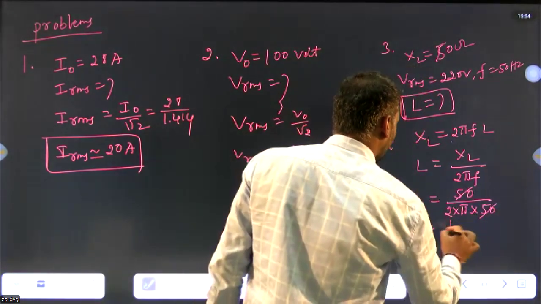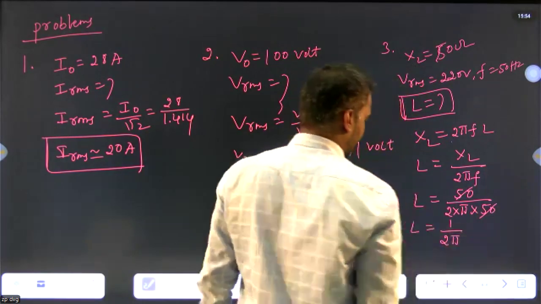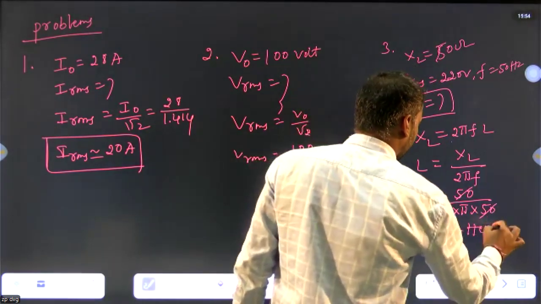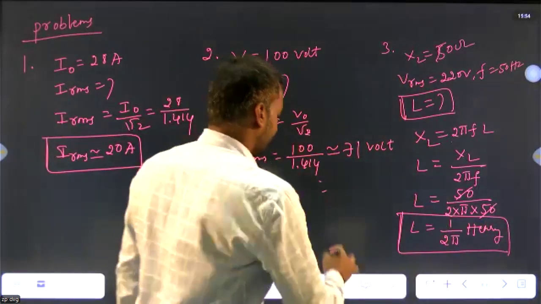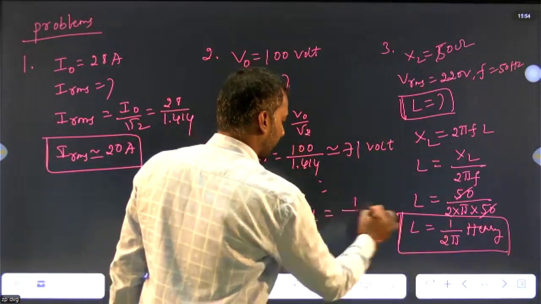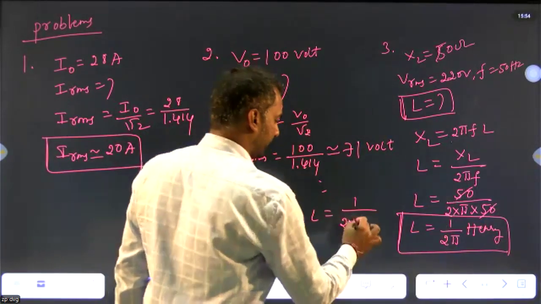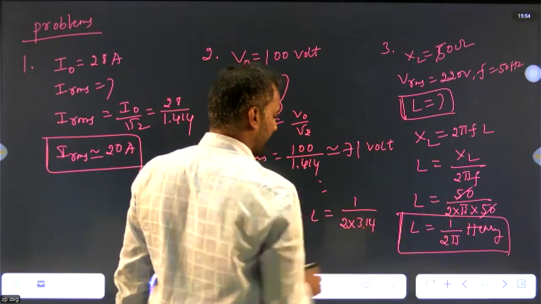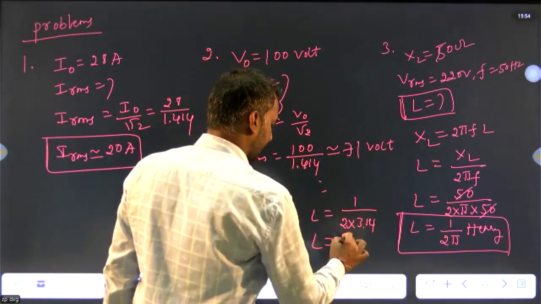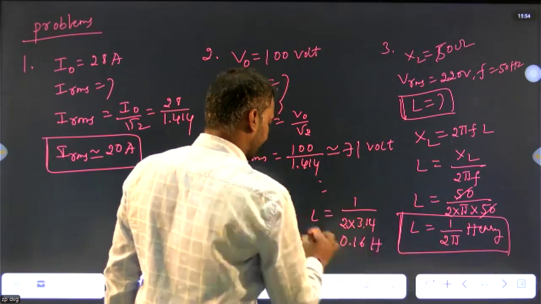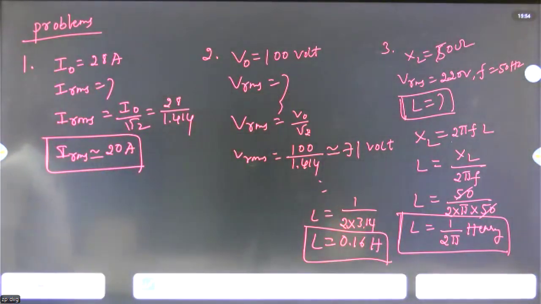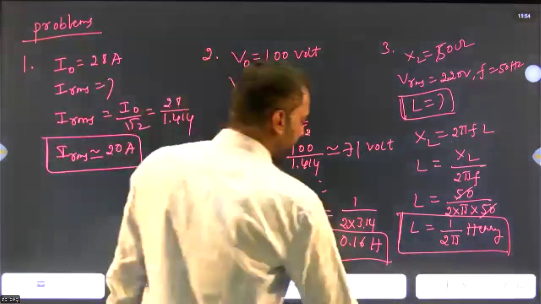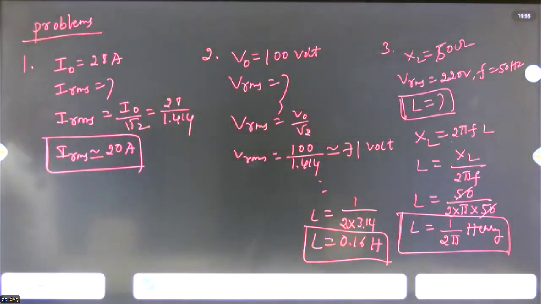L is equal to 1 by 2 pi, with pi as 3.14. L is equal to 0.16 henry.